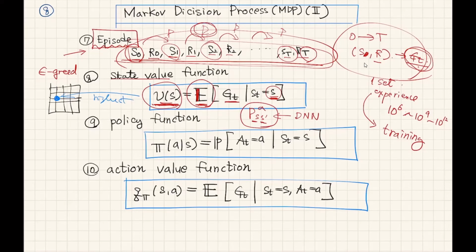So at each position on the 19 by 19 board, the winning probability could be represented by the state value function. The total sum of winning probability is called return, and we need to know the expected number. Expected return is called the state value function. And this state value function will be represented by a DNN.